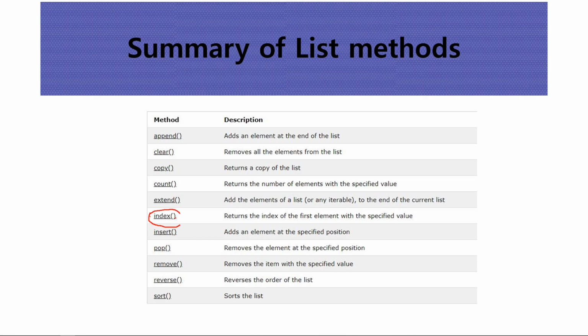If I say index Bob, it will tell me Bob is at index 5 in the list of students, which means Bob was added at the fifth position. Insert, we saw what it does. Pop, we saw. Remove removes an element. So you do numbers dot remove 5, and it will go through the numbers and get rid of 5.